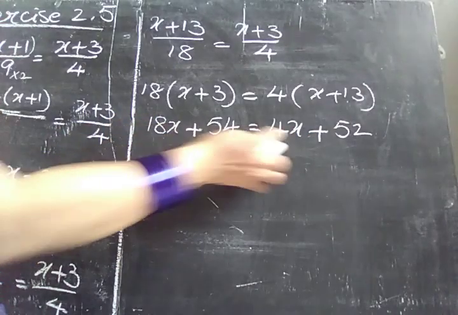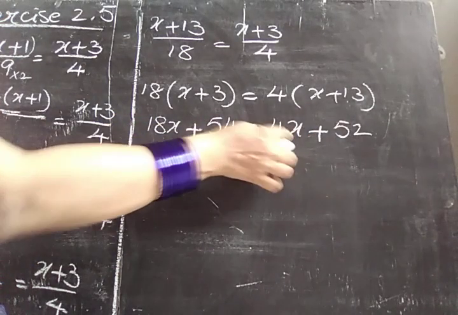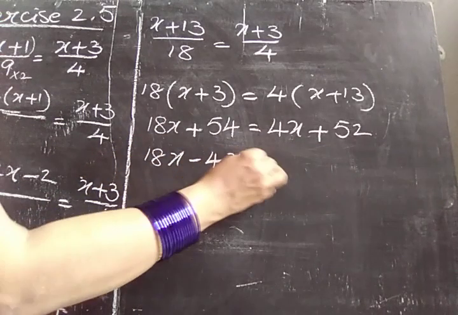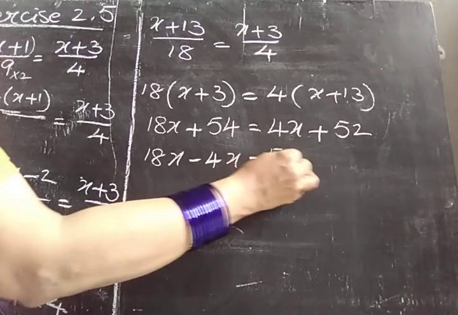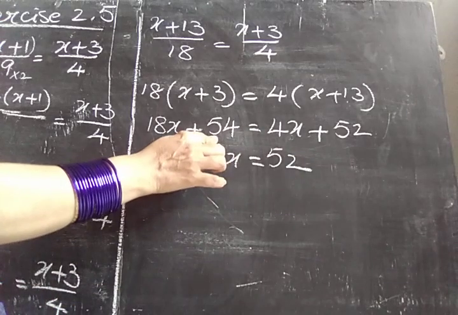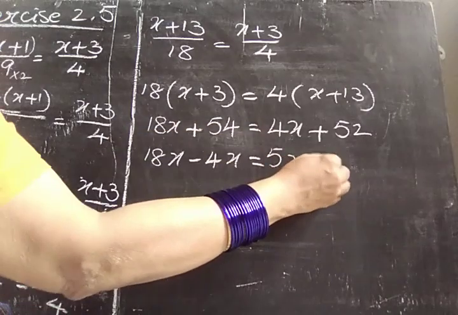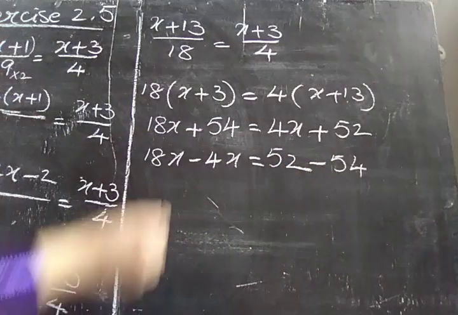Okay, now transpose as usual. 4x transpose to LHS. 18x minus 4x is equal to 52. Here plus 54 transpose to the right hand side, minus 54.